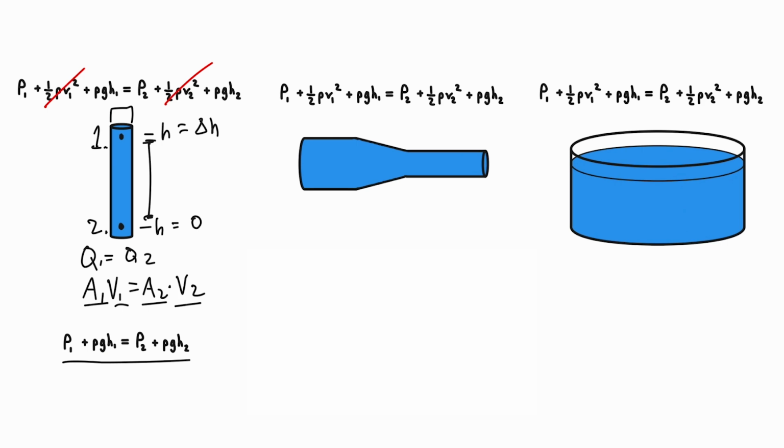What this allows us to do is cancel out rho gh2 because h2 is equal to 0. And for example, if there's a difference of 12 meters between these 2 heights, then h1 would just be equal to 12, while h2 is equal to 0. That's regardless of what the actual heights are. What we have now for Bernoulli's equation is much easier to understand.